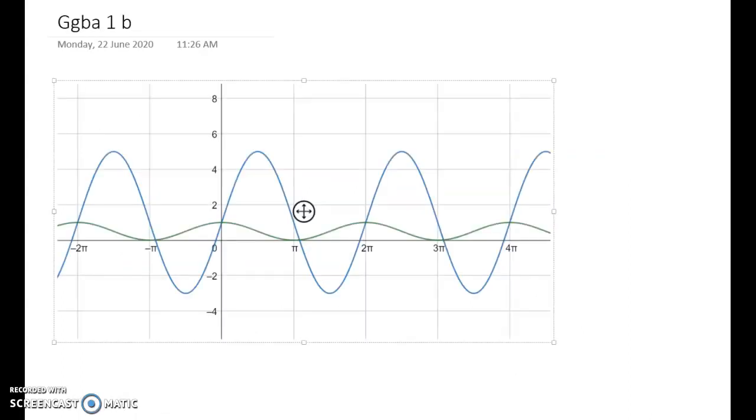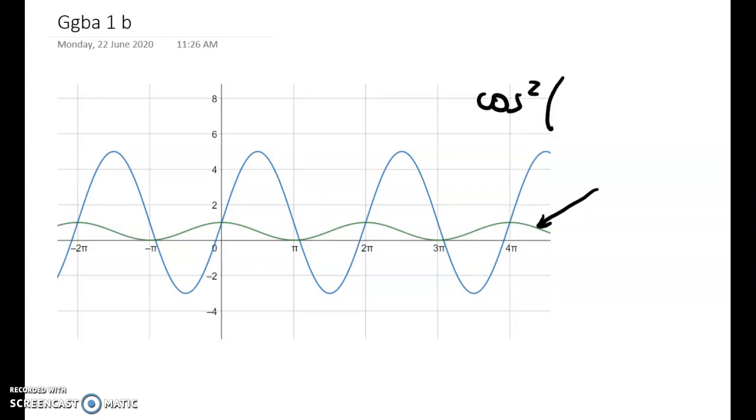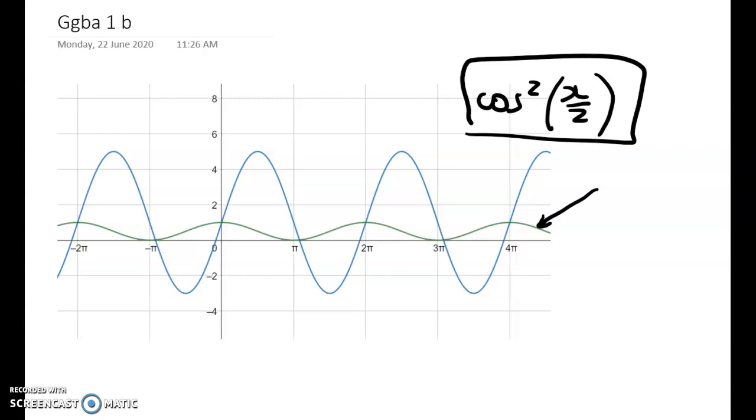And this is what it looks like. We've got two functions here. You can see the green one is cos squared of x on 2. That makes sense because this left-hand side can never be negative because it's a square. You can see the lowest possible value is at 0 and the highest is at 1. And then the blue line is 4 sine x plus 1.